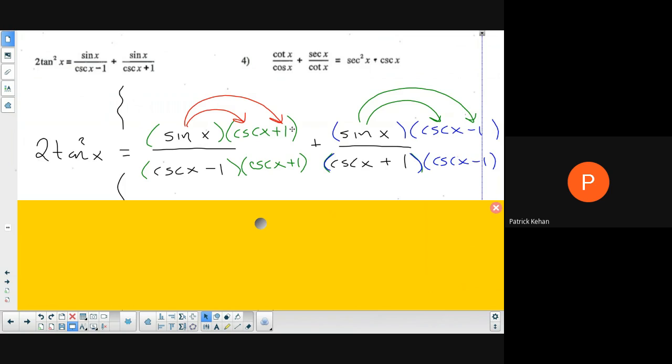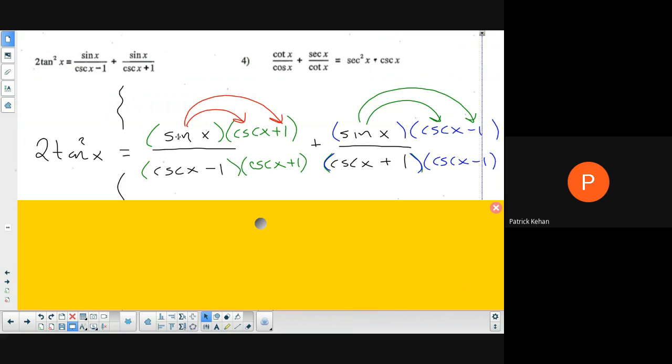And on the right side, I'm going to multiply by the denominator of the left fraction. That's the other part of that least common multiple we were working with. So that's cosecant x minus 1 in the numerator times cosecant x minus 1 in the denominator. Again, distribute in the numerator. Keep your denominators factored at first until you combine the two big numerators.